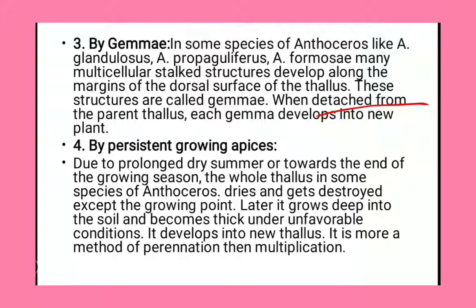In this, when the plant body faces an unfavorable condition or summer season, some part of the Anthoceros is converted into a thick-walled portion, and in the favorable season this thick apex develops further into a new plant body. It is known as the persistent growing apex.